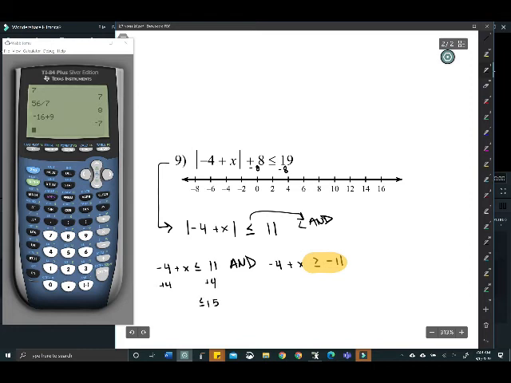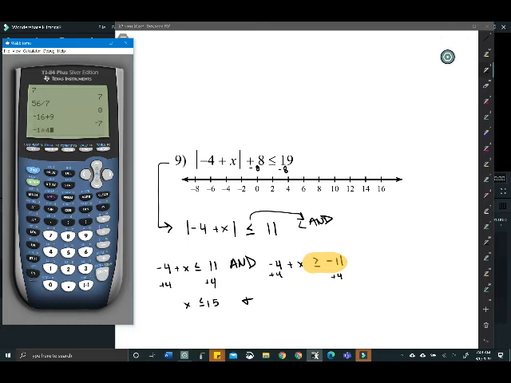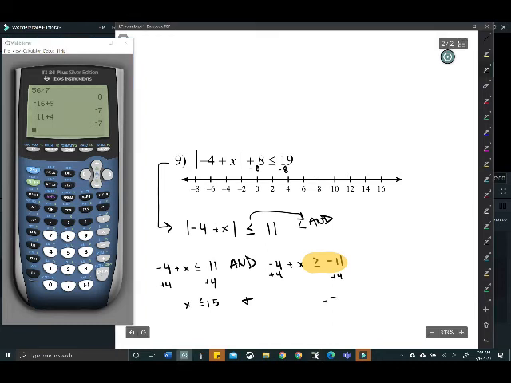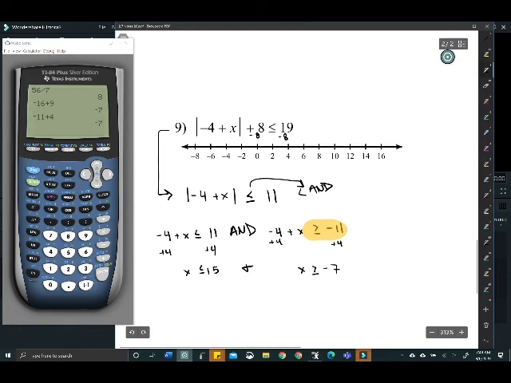15 less than or equal to x. And add 4. Add 4. Negative 11 plus 4. What is my calculator doing? Negative 11 plus 4 is negative 7. Less than or equal to x. Let's graph both of those.